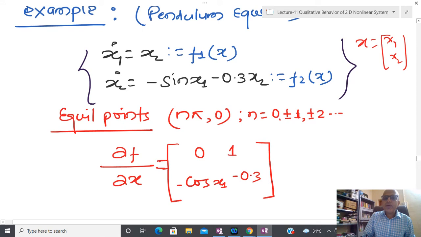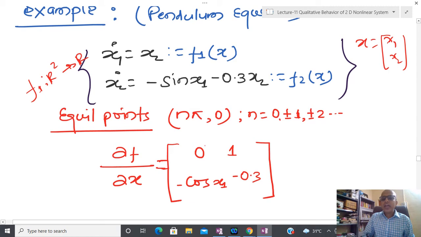Whenever you write f1(x), it means f1 is some function which maps from R2 to R. Does anyone have confusion on this? Because I have two variables x1 and x2, the mapping is from R2 to R. Similarly, similar things here.